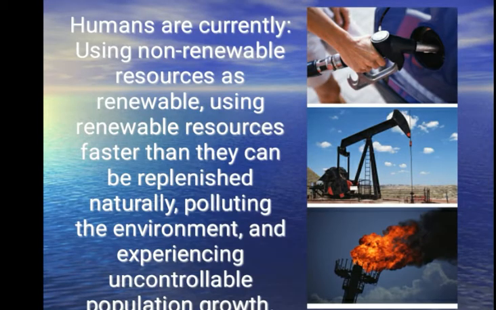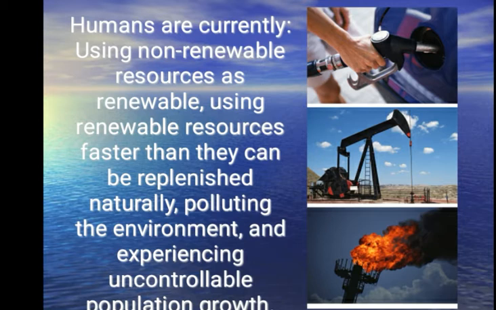Humans are currently using non-renewable resources like petrol, diesel, coal. Non-renewable resources are those resources which cannot be renewed in a short period of time. It will take millions of years to again deposit, again get renewed.